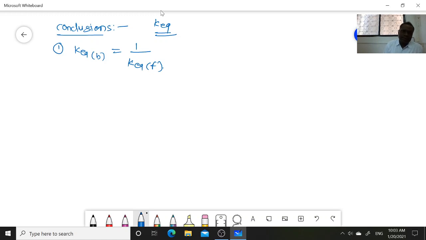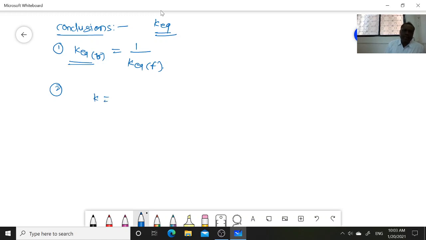Backward reaction or reversible reaction, we can write R also here. Number one conclusion is that the equilibrium constant for the backward reaction is equal to the reciprocal of the equilibrium constant for the reversible reaction.